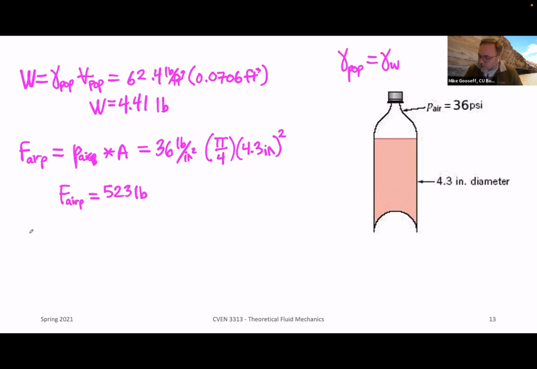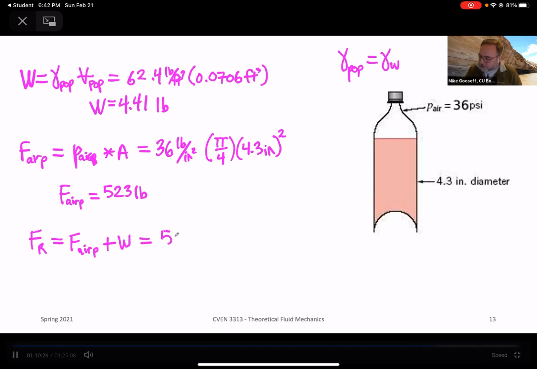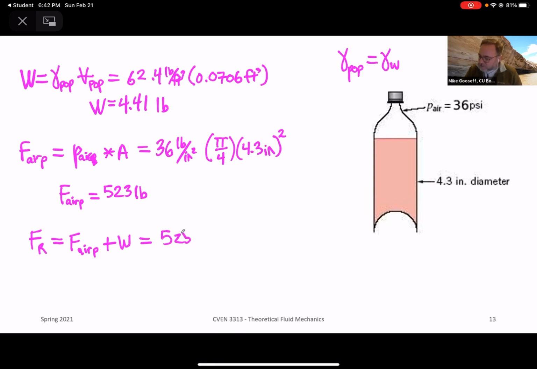Our resultant force then that's acting on the bottom of the bottle is equal to F air pressure inside plus the weight. So that comes out to 523 pounds plus 4.41.